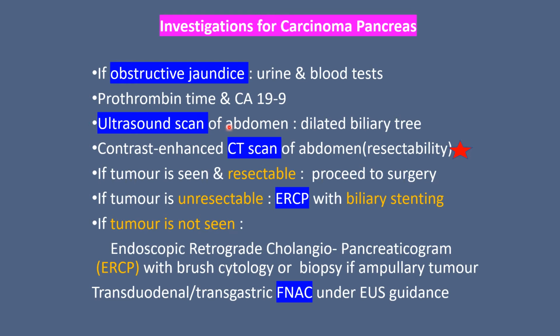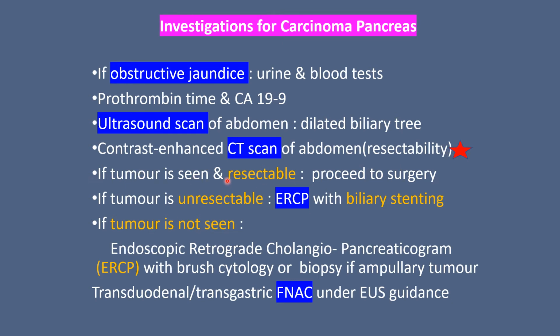Ultrasound scan of the abdomen is an important investigation, which will reveal a dilated biliary tree without stones. This is then followed by a contrast-enhanced CT scan of the abdomen, which will not only determine the size and location of the tumor, but also reveal the resectability and stage of the disease.